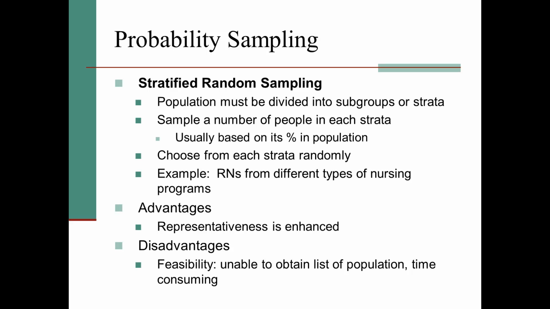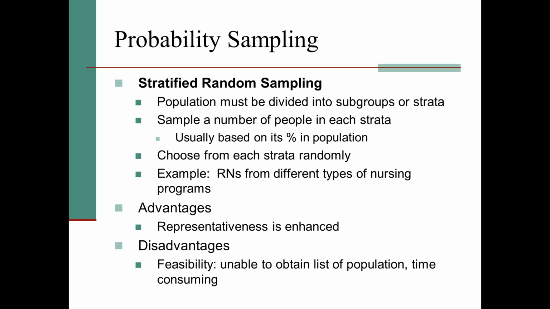How many are bachelor's grads? How many people have advanced degrees? And they might say, all right, well, we want to try to get a sample that is similar to those numbers of people. So we're going to ask the state board for all the names of people who have ADNs as their highest level of education.